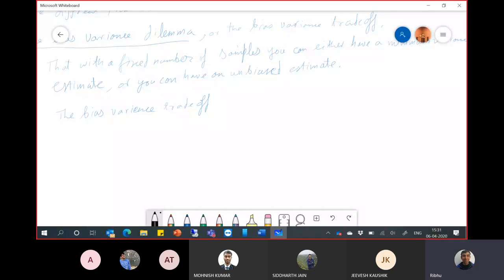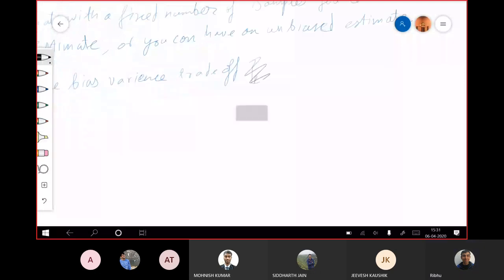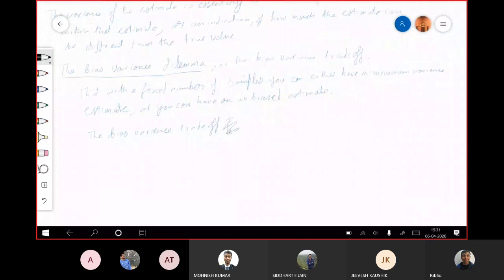So yes, the battery of the pen is dead, and oh, it's working again. So now it's working again.